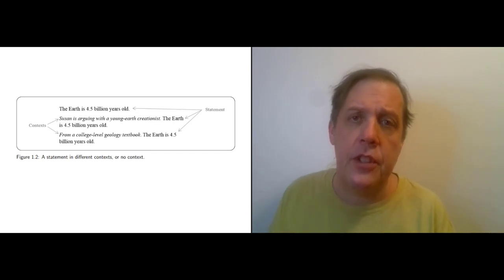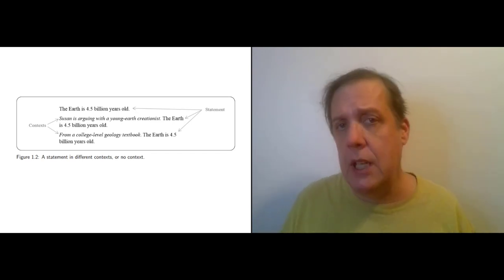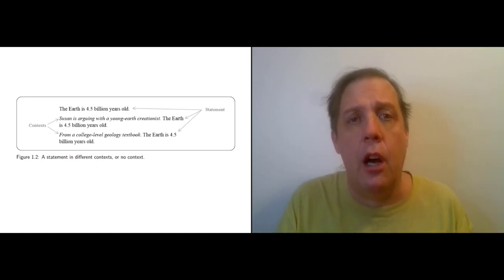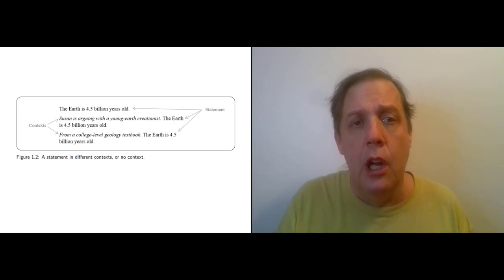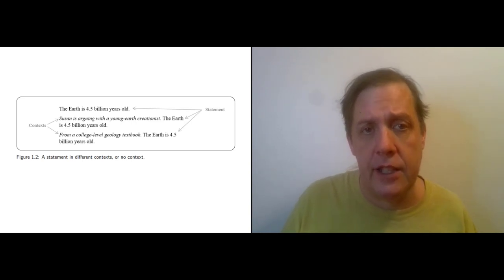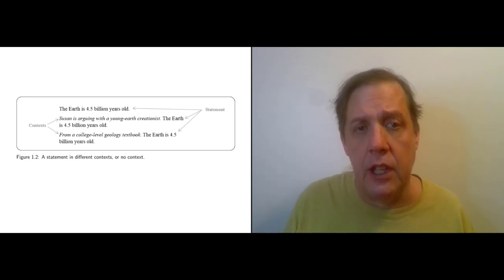And the reason for this is that meaning always changes with regard to context. So this is a diagram from the textbook. It shows one statement: the Earth is 4.5 billion years old. And then it presents it in two different contexts. The contexts are given in italics.